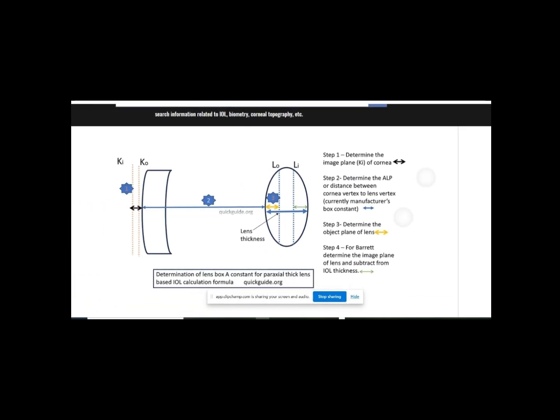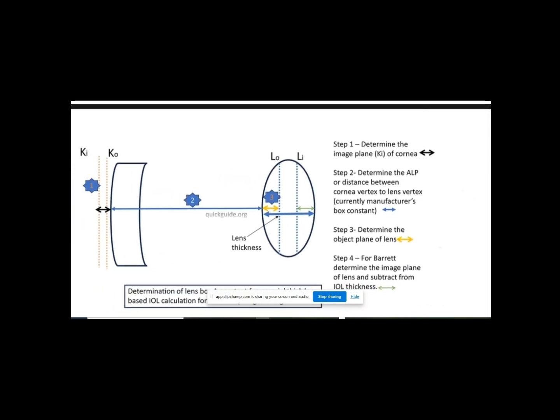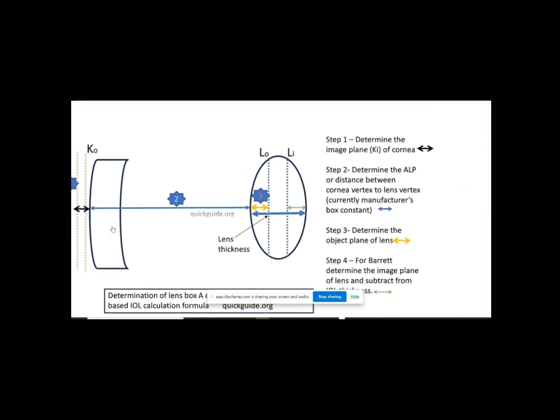Now, this is what matters when you configure your A constant. In a thick lens formula, the A constant would be from the cornea towards the second principal plane of the lens. But in a thin lens formula, the A constant will be from the cornea towards a single plane, which would be a little anterior to the second principal plane of the lens.